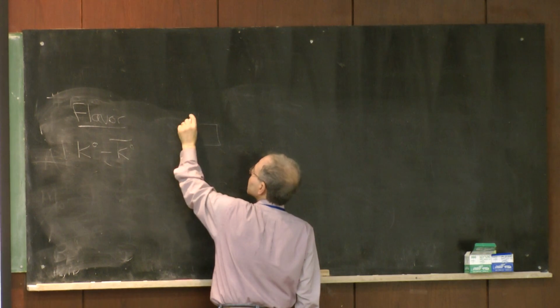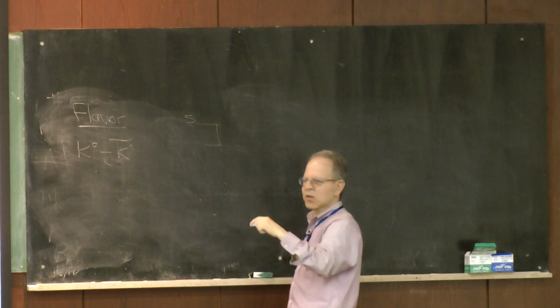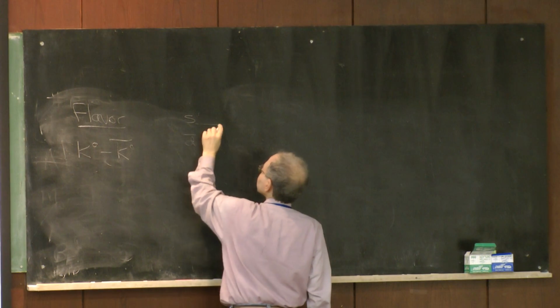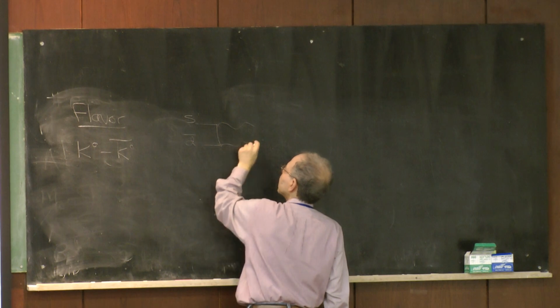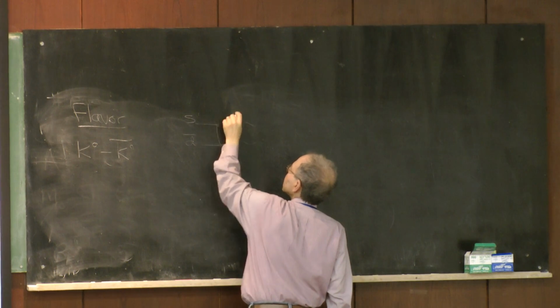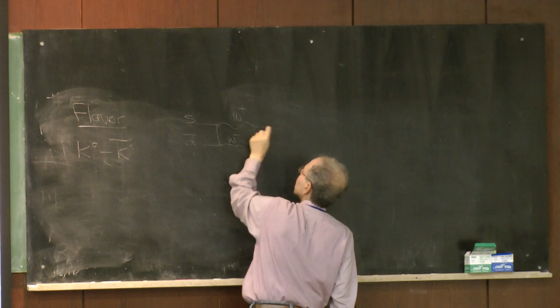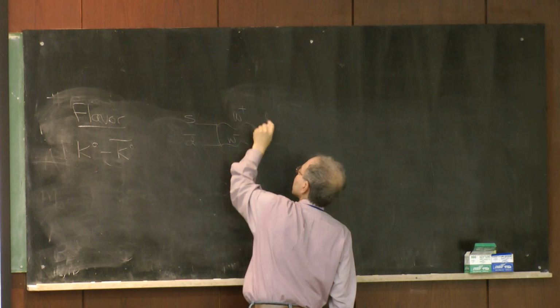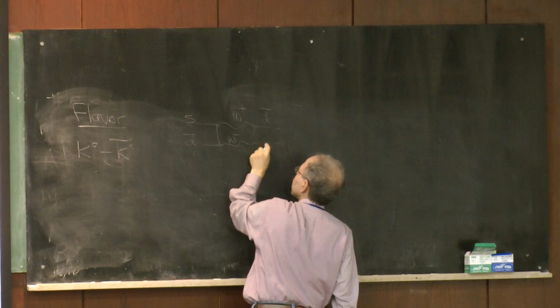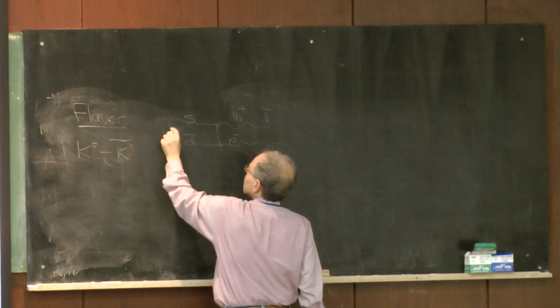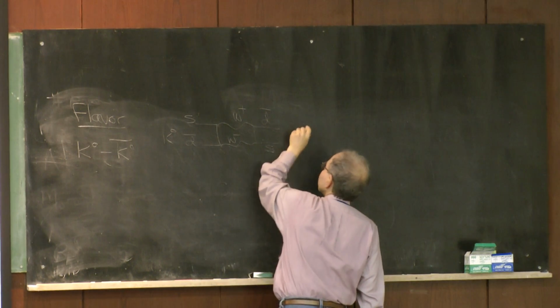I always forget which is the K0 and which is the K0 bar, but you have something like s d bar. I can draw a diagram where I have a W plus and a W minus, and over here something like b bar s. So I have a K0, and it goes to a K0 bar.